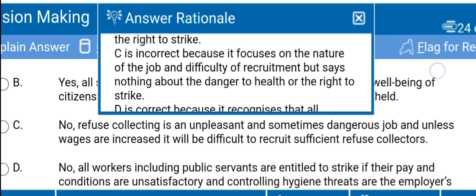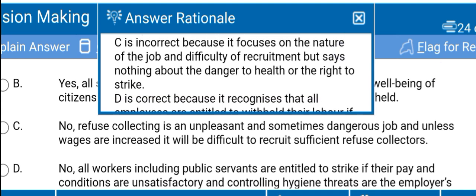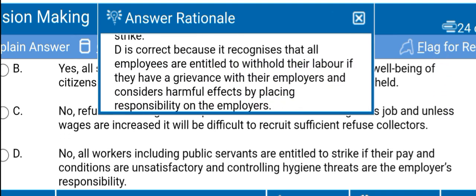Option C is incorrect because it focuses on the nature of the job and difficulty of recruitment but says nothing about the danger to health or the right to strike. Option D is correct because it recognizes that all employees are entitled to withhold their labor if they have a grievance with their employers, and considers harmful impacts by placing responsibility on the employers.